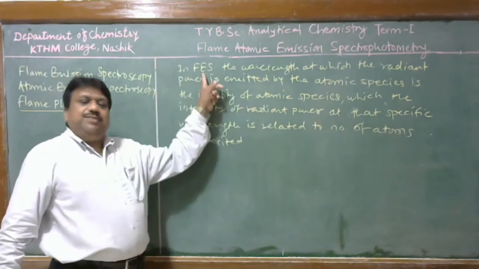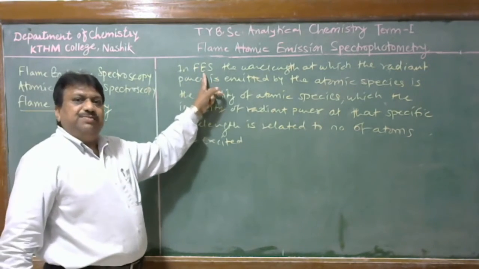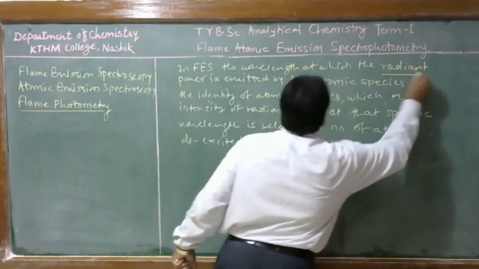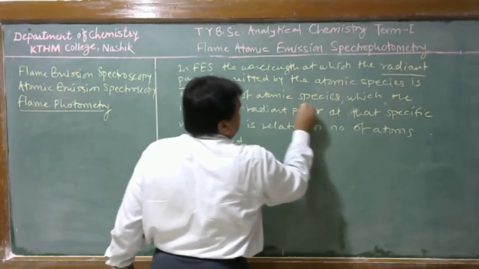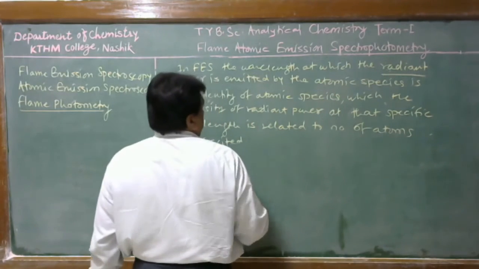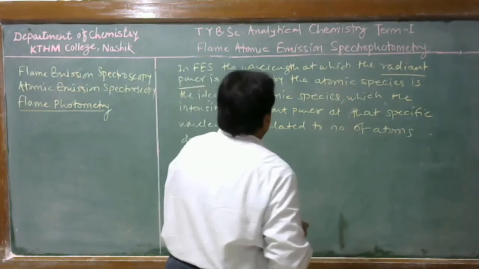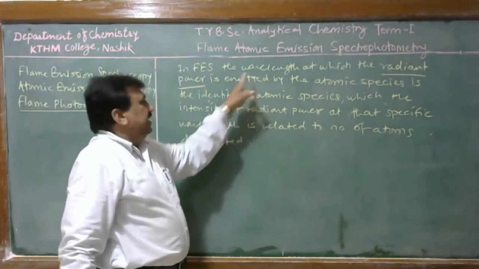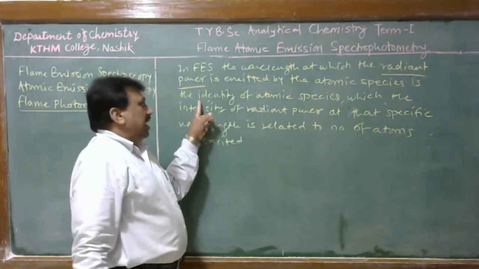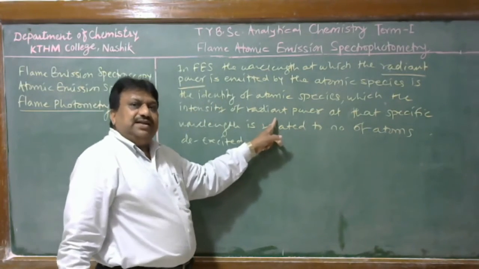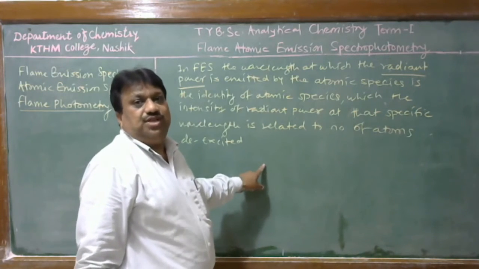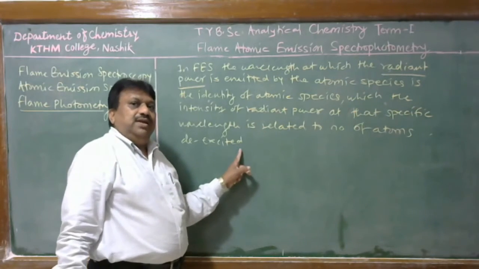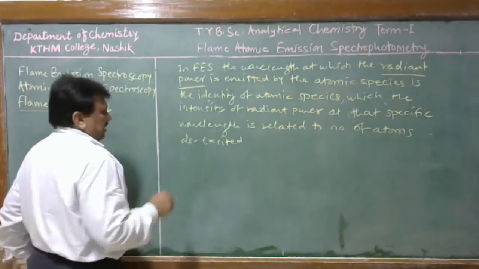Therefore, the wavelength at which the radiant power is emitted is the identity of the material, and the radiant power at that wavelength is proportional to the amount of atoms de-excited from an excited state to ground state level.